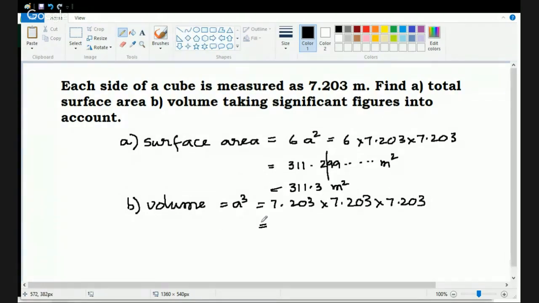So you must round off your answer to 4 significant digits only. Obviously, the answer should be 373.7 meter cube. Correct.